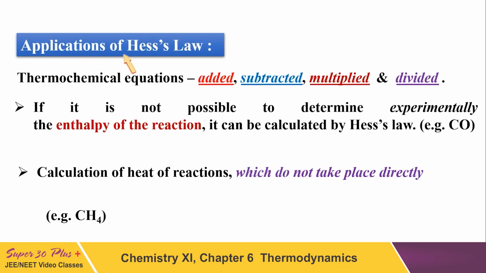What are the different applications of Hess law? Where do we apply this Hess law? In any thermochemical equation. If any thermochemical equation is added or subtracted or multiplied with each other or divided by any number, if you add the reaction with another reaction, if you subtract the reaction from another equation, if you multiply the reaction with any number, with any coefficient, or you divide the equation by any number or by any coefficient, then we apply Hess law.